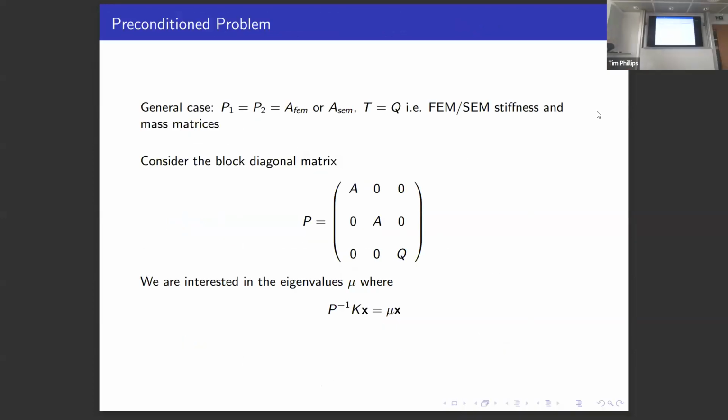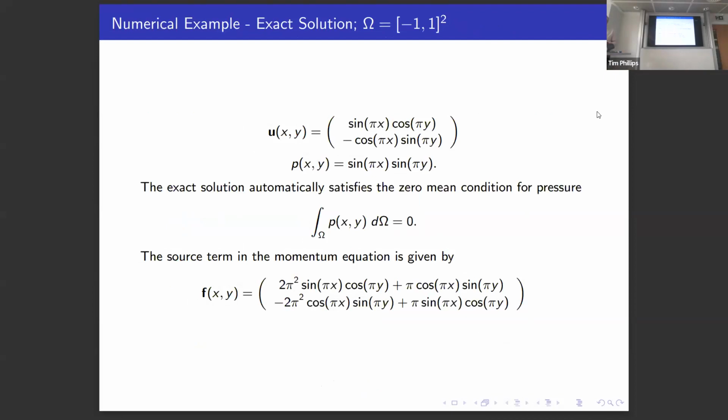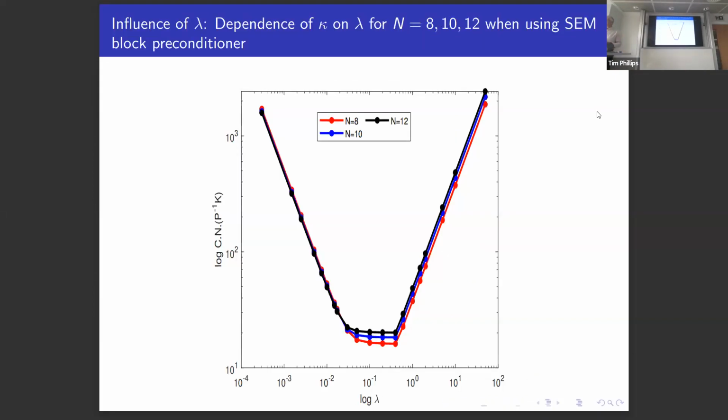So now I'm going to look at how one can choose the value of lambda to perhaps optimize the performance of the preconditioned conjugate gradient method. This first set of results is showing the influence of lambda on the condition number of the preconditioned system.